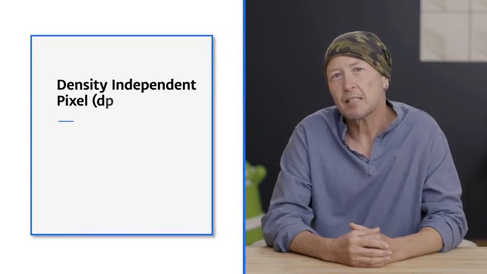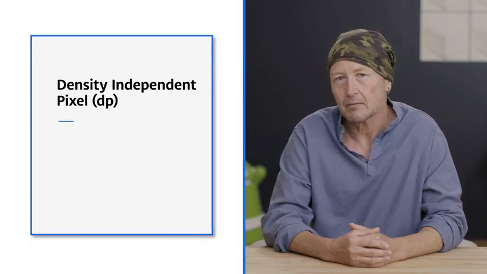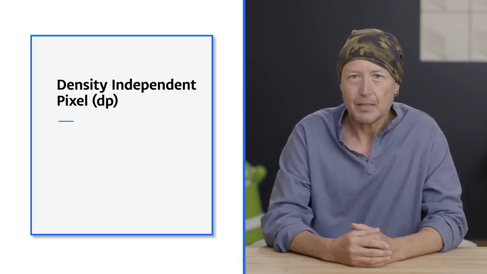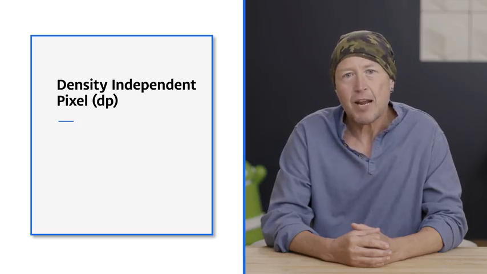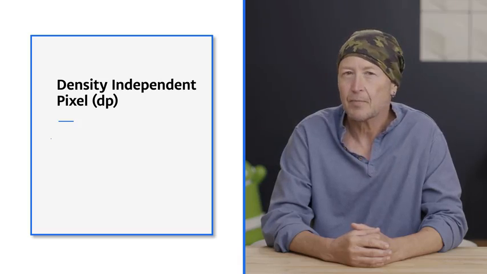So, every view has a location expressed as a pair of left and top coordinates and two dimensions, a width and a height. The unit for expressing location and dimensions is the density-independent pixel, pronounced dp or dip. dp is an abstract unit that is based on the physical pixel density of the screen.